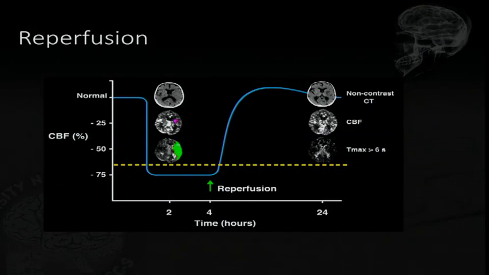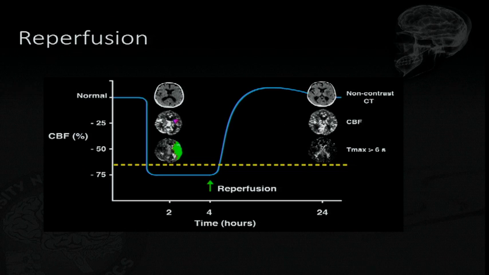So then you know that the RAPID software has a rule that when the tissue is very hypodense, approaching the CSF, it will not pick it up, so as to not pick up chronic strokes. That's why you're not seeing it in pink here, because it's already so hypodense that it rules it out as an old stroke. And then your penumbra is still the same, and it matches the core. So that's if you don't do anything.